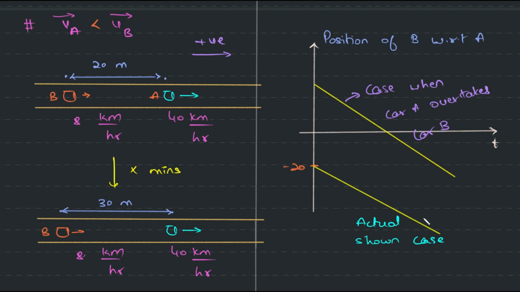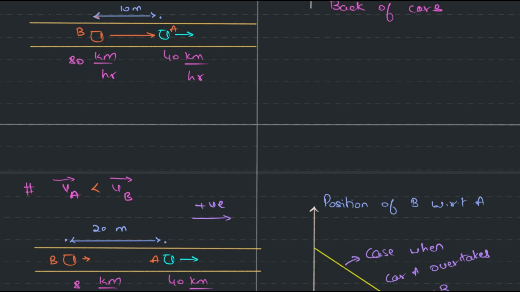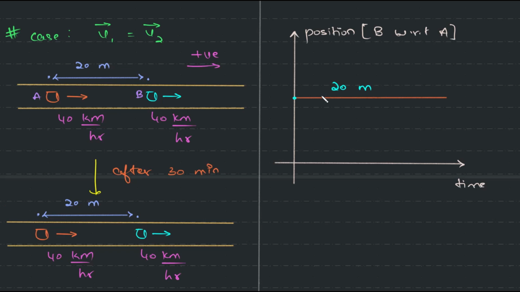So the gap will keep increasing and so on and so forth. I think I did all of it. Okay, so if you are able to understand whatever we discussed till now, it's done.